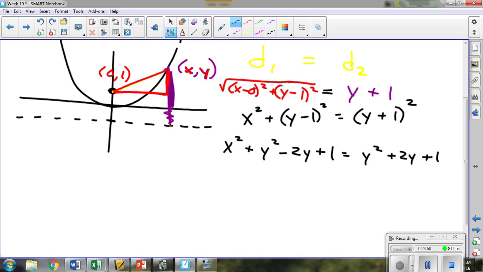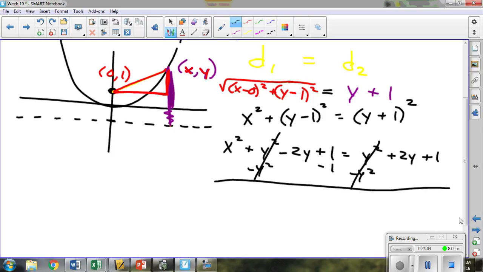We can now combine our like terms by subtracting off y squared from both sides, which cancels. We can subtract 1 from both sides, which cancels. And we could add 2y to both sides, giving us x squared equals 4y.